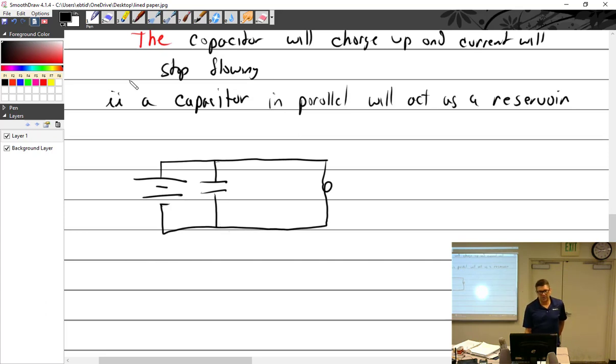One of the things that this is used for, let's draw this a little different, is that when you get to magnetos, magnetos have breaker points, and that is run off of a cam, which is sort of engine driven, and this little thing goes around, the points open and close.